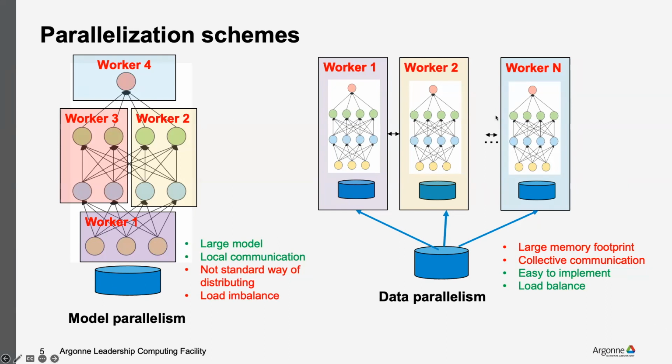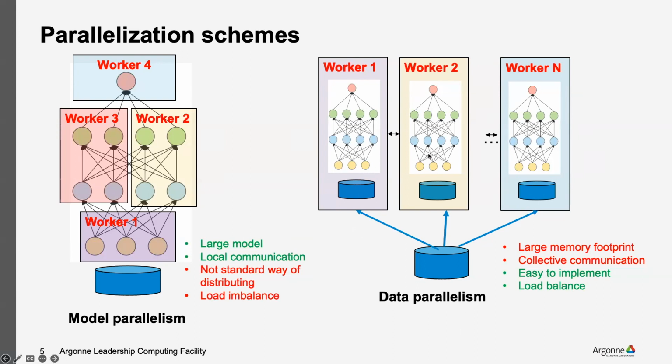And then also the communication involved is a collective communication because all the workers have to sync up the weights and gradients, etc. So this communication overhead will kind of set a limit on how many workers you can scale up to. But it is very easy to implement. You just distribute the data, which is very easy, and it's load balanced because all the workers are working on the same thing, right?